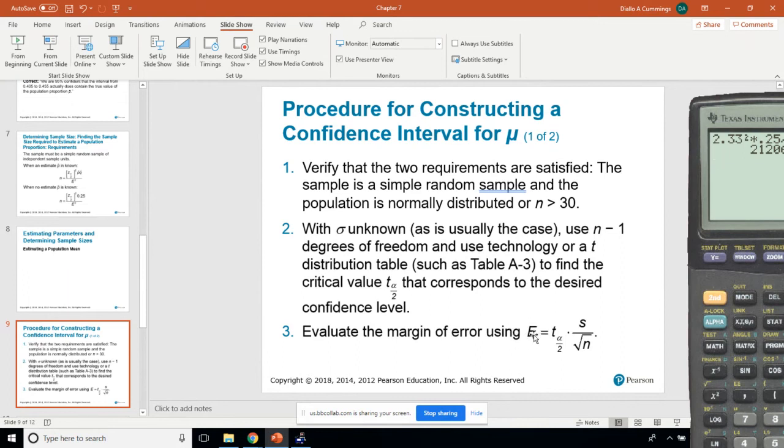Here again, E is the margin of error, with the formula T alpha over 2 times the sample standard deviation divided by the square root of n. Before we go any further, let's talk about the t-distribution and the degrees of freedom.